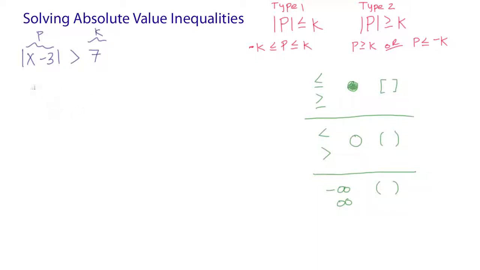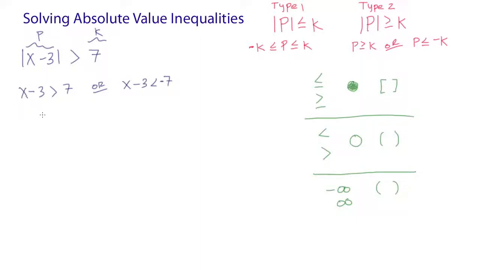Okay, so what do we got? We have to break it in two pieces. So it's going to be x minus 3 is greater than 7, or x minus 3 is less than negative 7, the opposite of that, right? Okay, that looks pretty good.